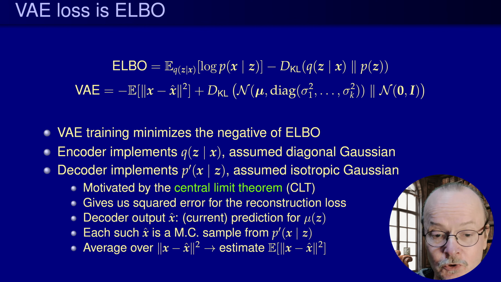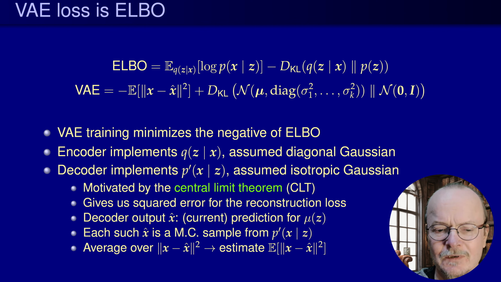The reconstruction loss corresponds to the expected conditional likelihood of our data, and the KL divergence term represents the KL divergence between the diagonal Gaussian output from the encoder and the prior standard distribution. As it is more typical in machine learning to minimize than maximize, we minimize the negative of ELBO.